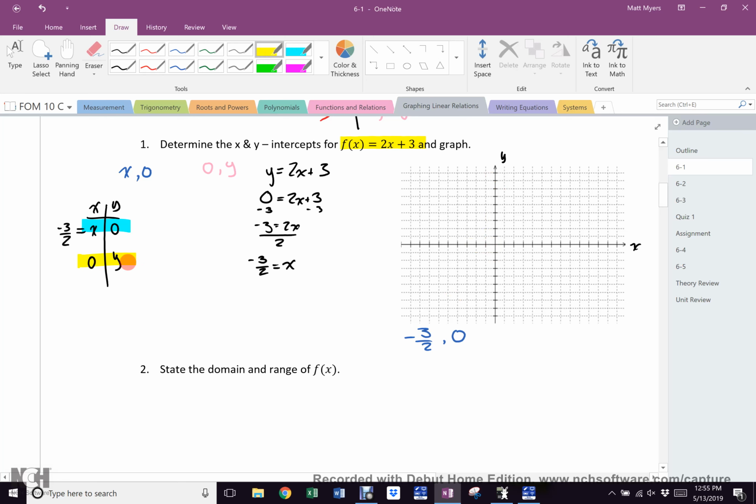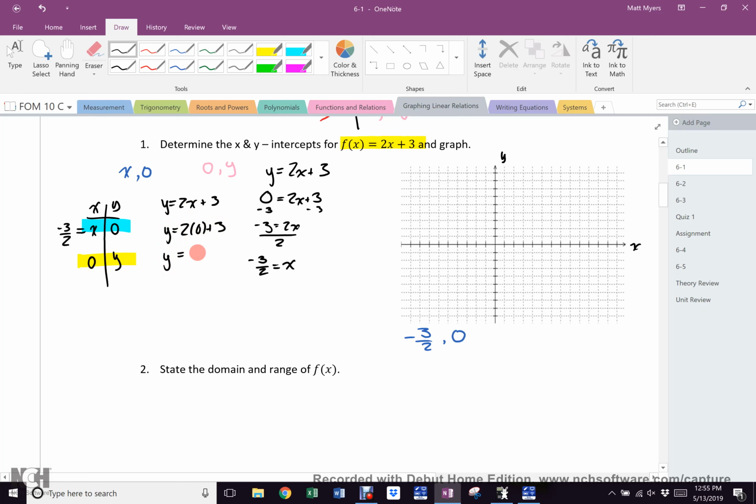What does that say? 0, y. Well, don't I have y equals 2x plus 3? What's the x value? So what do I put there? 0. Y equals 2 times 0 plus 3. 2 times 0, what happens?